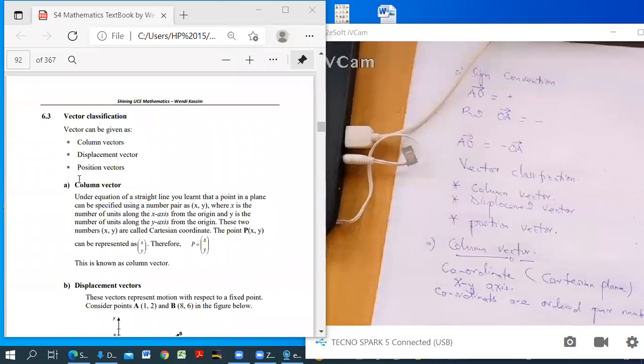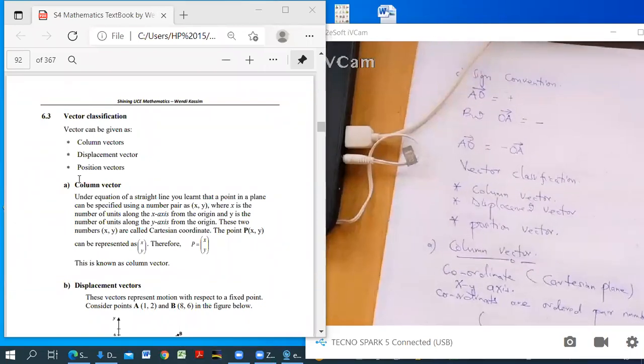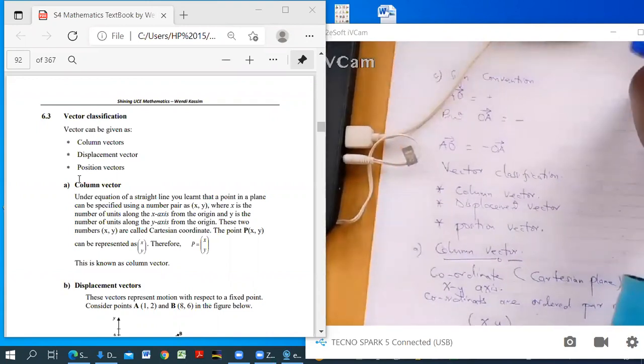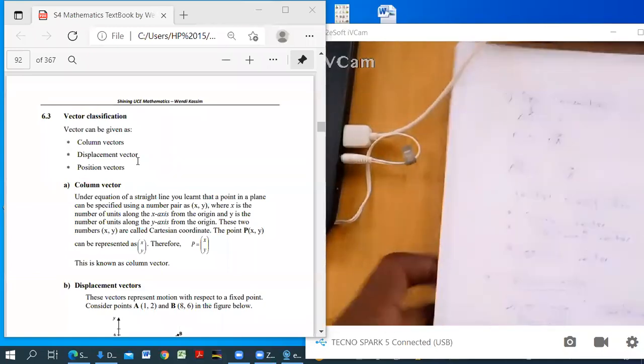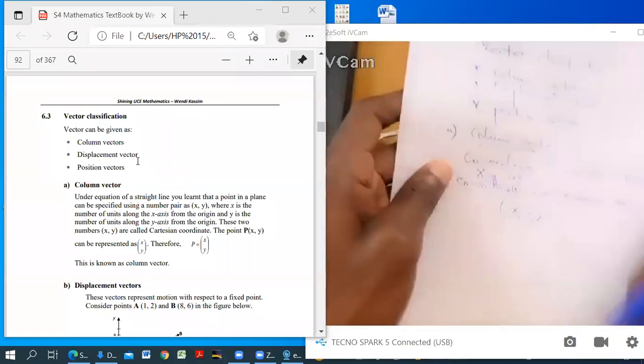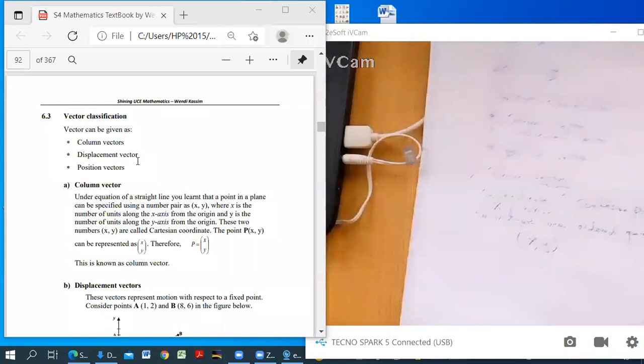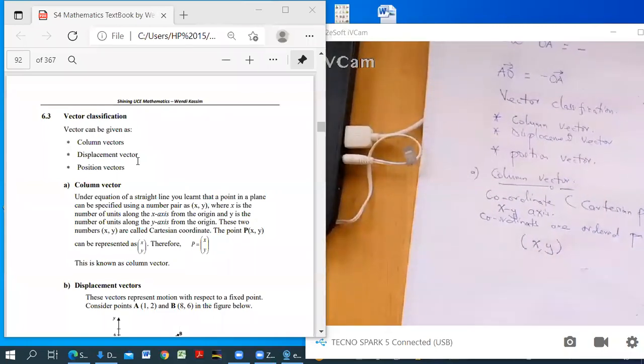How do we write coordinates? We write an open bracket, X, Y. So X comes first when we are writing a coordinate in that ordered pair, X, Y.